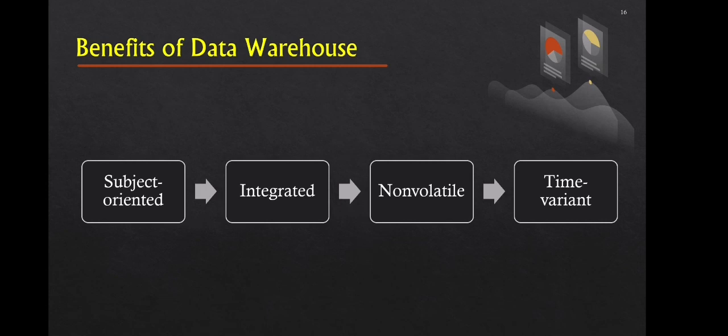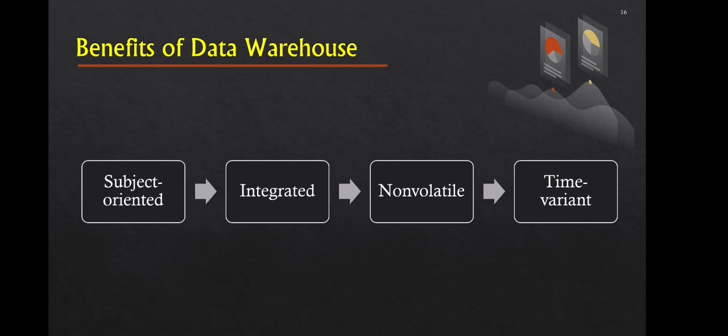So what do we mean by these four? In subject-oriented, they can analyze data about a particular subject or functional area, such as, for example, sales or inventories. Those are examples of subject-oriented. Another is integrated. Integrated means data warehouses create consistency among different data types from unrelated sources.